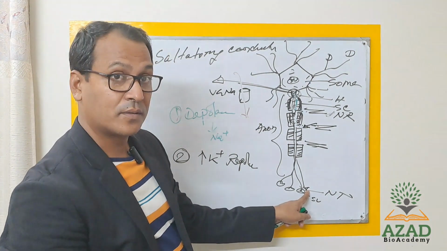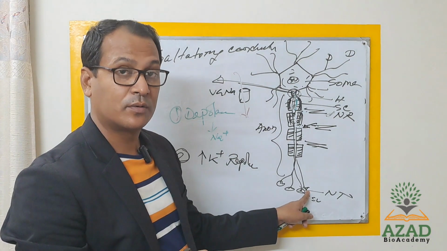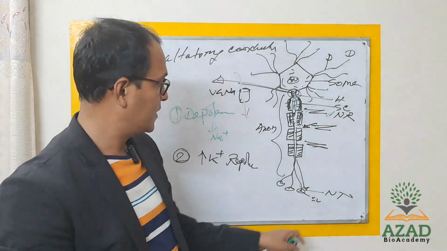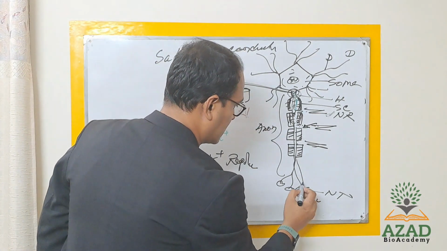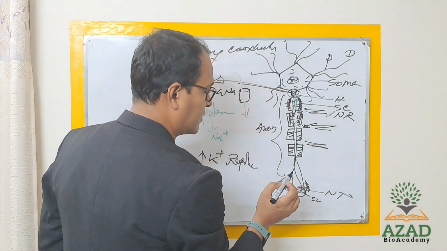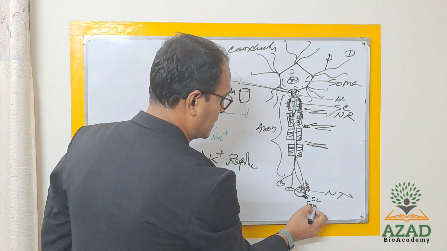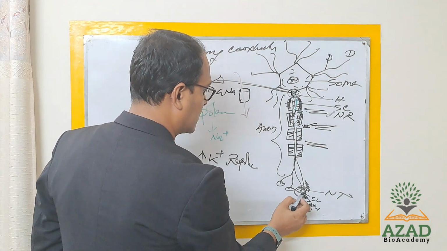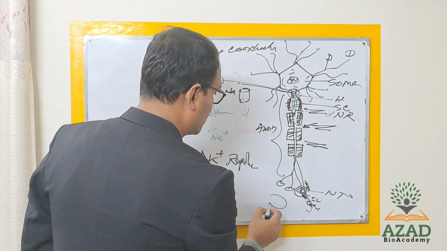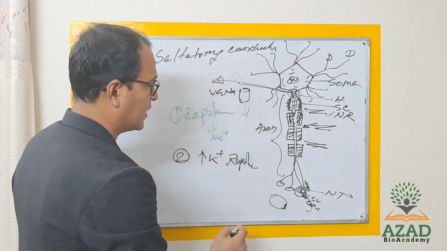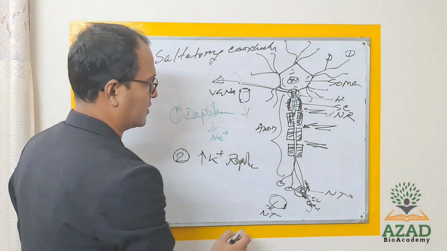The nerve terminal contains a large number of sodium channels and voltage gated calcium channels. So when the electricity reaches the terminal, here is the calcium channel, and calcium will enter through the calcium channel, and it will bind the synaptic vesicular surface calcium binding protein, and it will cause exocytosis, and it will release the neurotransmitter.